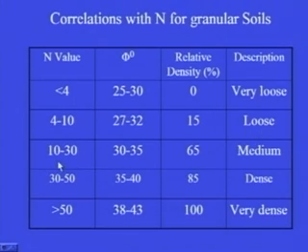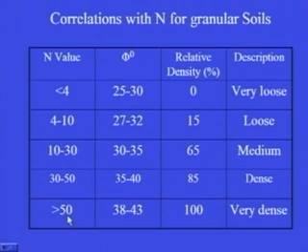If it is 10 to 30, we can take 30 to 35, relative density 65%, it is described as medium sand. Similarly, 30 to 50, 35 to 40 degrees, we can take phi value, then relative density is around 85%, and it is dense sand.